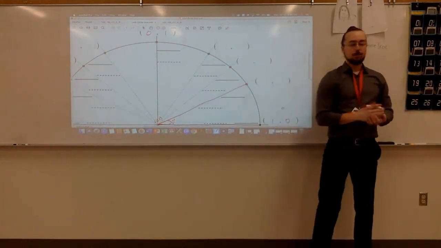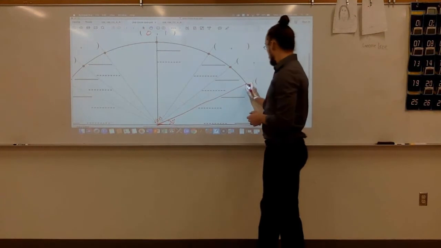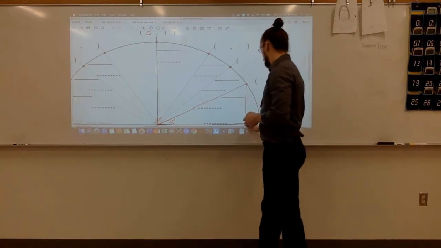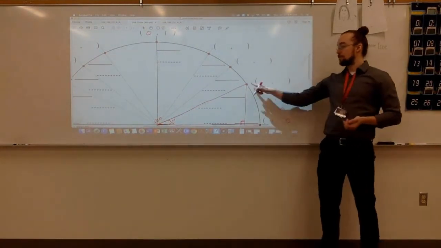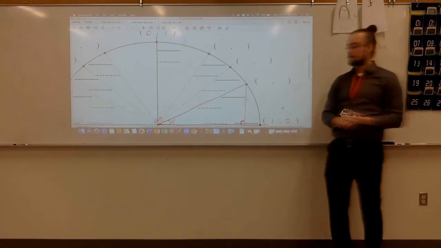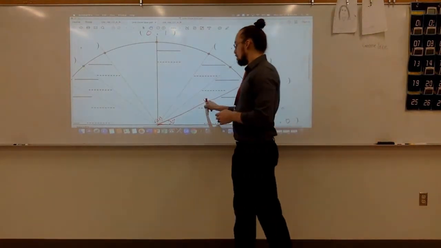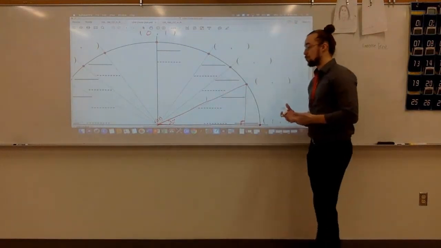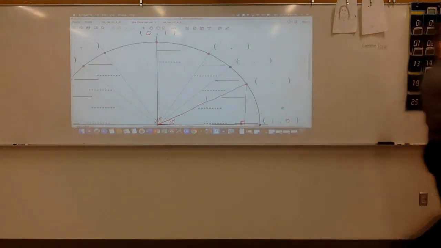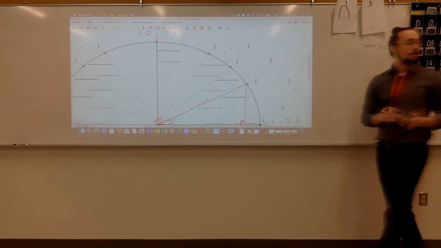We're going to look at this right triangle to figure out the coordinates of this point. What we know is that the hypotenuse of this right triangle has a length of 1.